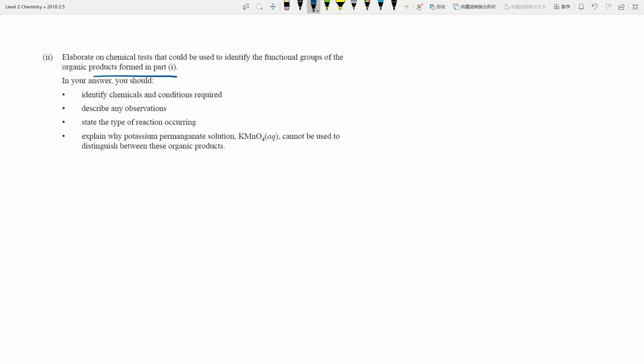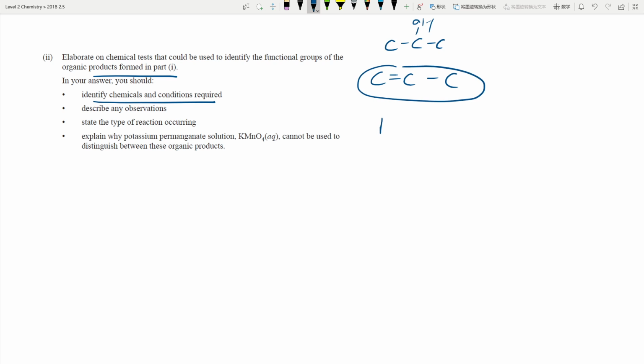So we have this, and then we have this. Identify the chemicals and conditions required. So how do we distinguish them? This is an alkene, and with alkene, bromine water is the way to go.